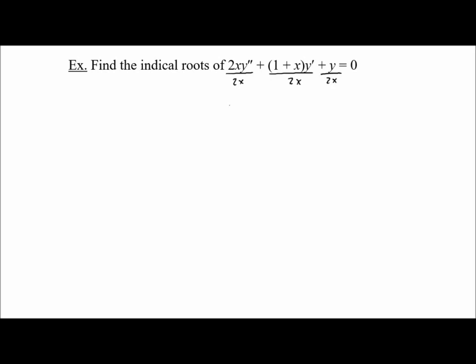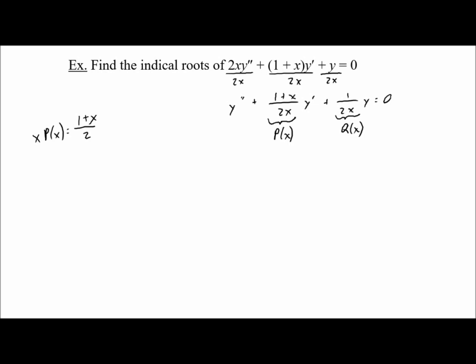So if I simplify this, this will be y double prime plus 1 plus x over 2x times y prime plus 1 over 2x times y equals 0. Okay, this is my p of x, and this is my q of x, which tells me that x times p of x would be 1 plus x over 2, right?